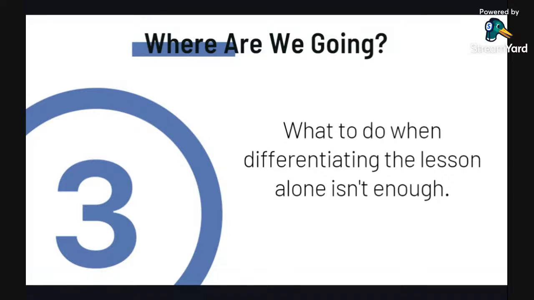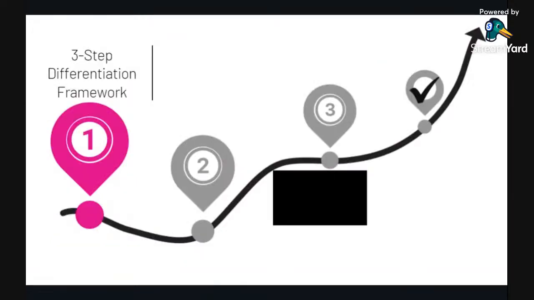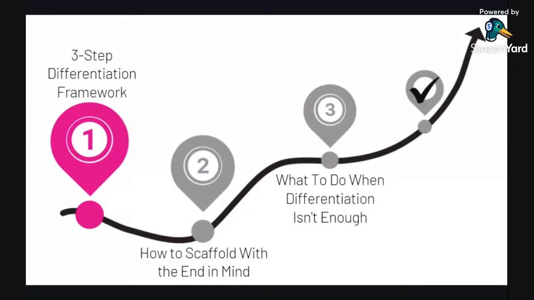But it's likely that you're going to have a student or two, or even a small group of students who still aren't having the success that you would like to see for them just by differentiating alone. So we're going to talk about what to do when that's not hitting the mark, when that's not supporting your students enough. All right, so step one on our journey is the 3-step differentiating framework.